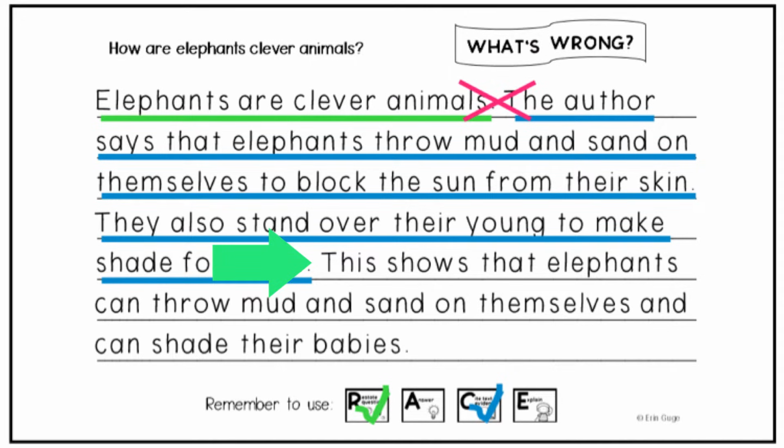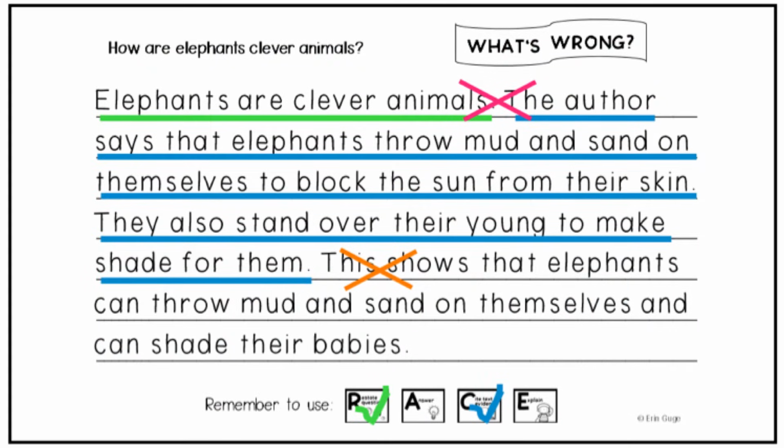And does it explain? Let's see, it says, this shows that elephants can throw mud and sand on themselves and can shade their babies. So whisper yes or no. Does that explain some ideas about the text evidence or that big idea answer of what elephants do to avoid sunburn? No, it doesn't. It doesn't tell anything new. It mainly just repeats the text evidence.